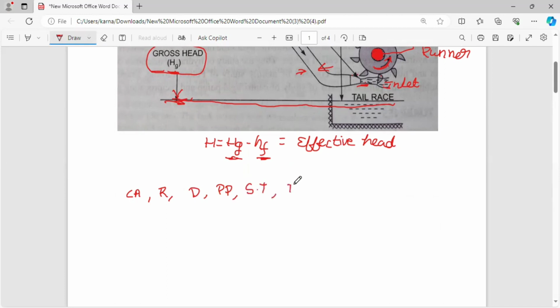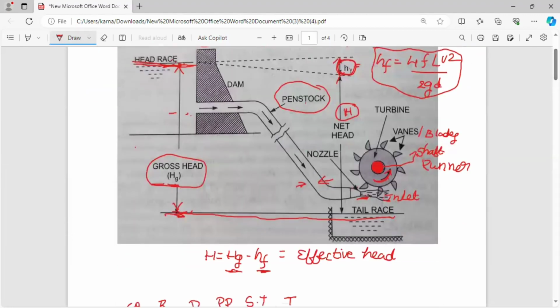After that, the turbine casing. Here, one more important component is available: the casing arrangement. The casing is used to avoid splashing or spreading of water when the water strikes the blades of the turbine. After that, the water falls into the reservoir also.